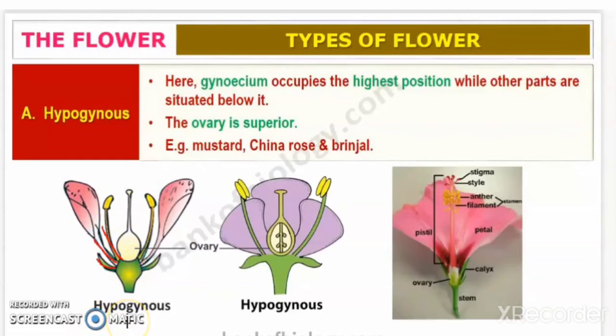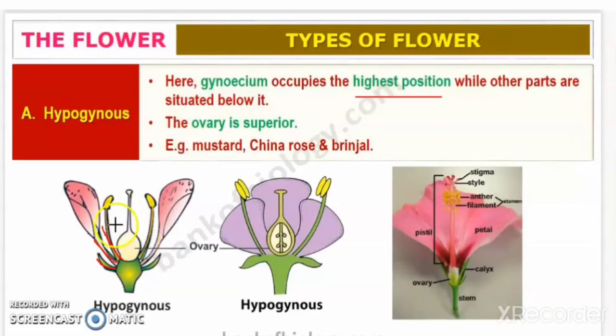Hypo means it is highest position. So the ovary in this flower will occupy the highest position, and the other parts will be situated below it. I hope you are able to see this in the picture, right? So all the other parts are arising below the ovary.